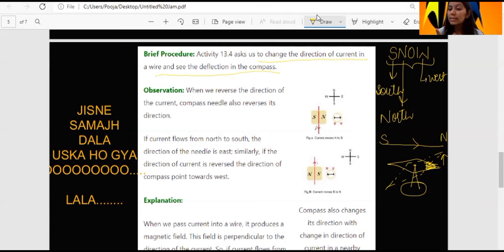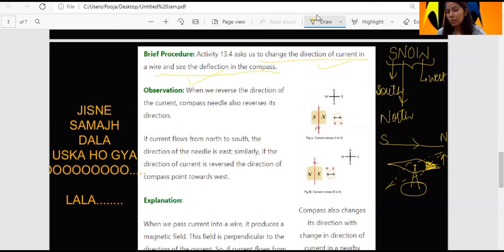The SNOW rule says that if the current is passing from south to north direction, the deflection in the compass needle is always towards west. So here it is also the same thing. We can say the change in direction of current always changes the deflection in the compass. Now we will be able to get how the current is flowing and in which direction we will get the deflection.